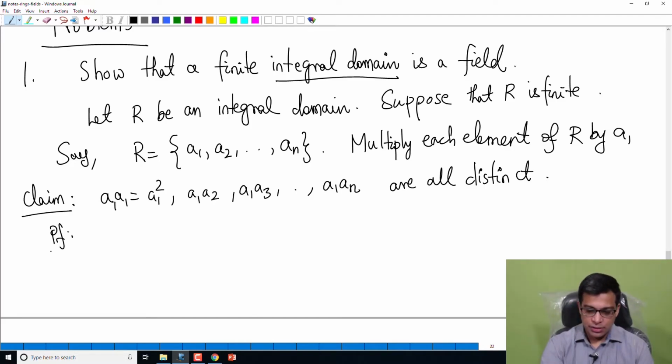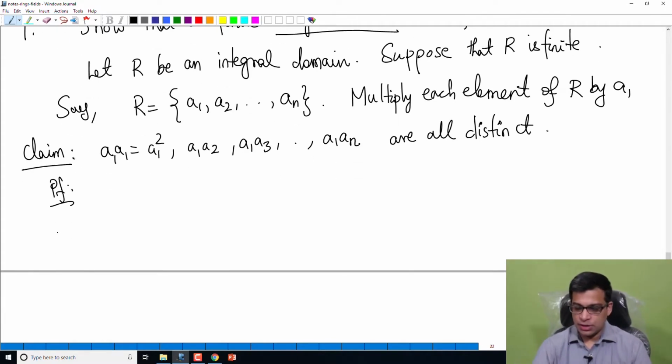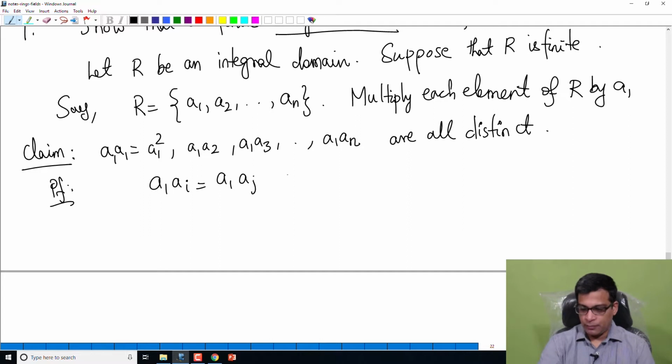Why is this? Let's prove this. Suppose they are not distinct. Maybe when you multiply two different elements AI and AJ with A1, they become equal. That's a possibility. I'm saying that it doesn't happen in an integral domain. So suppose A1 AI is equal to A1 AJ.